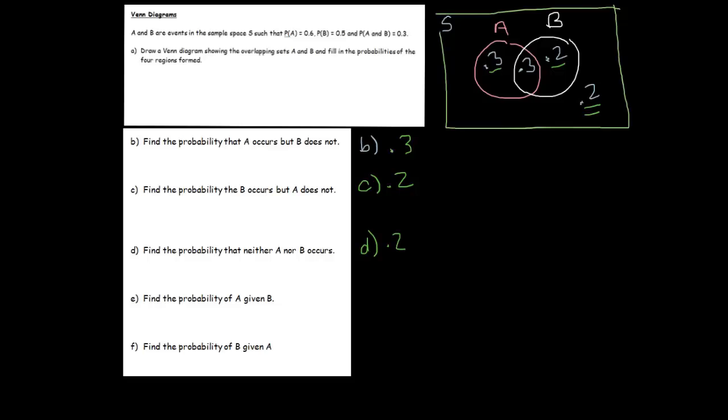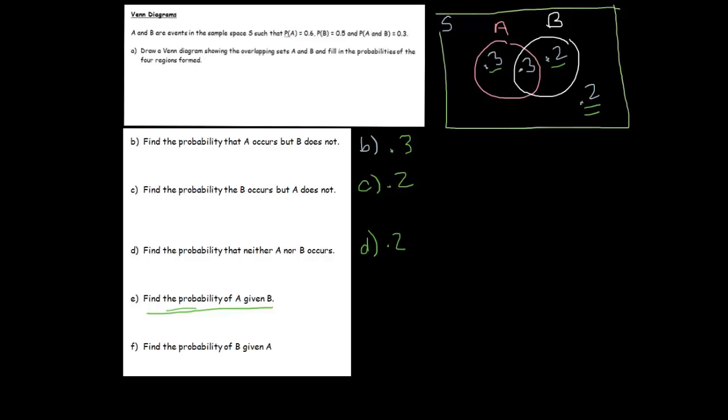Now E and F are where we have to do a little bit of work actually. The probability of A given B. I introduced conditional probability before. The probability of A given B means that we know that B happened. And once you know that an event happens, that has the effect of shrinking your sample space.